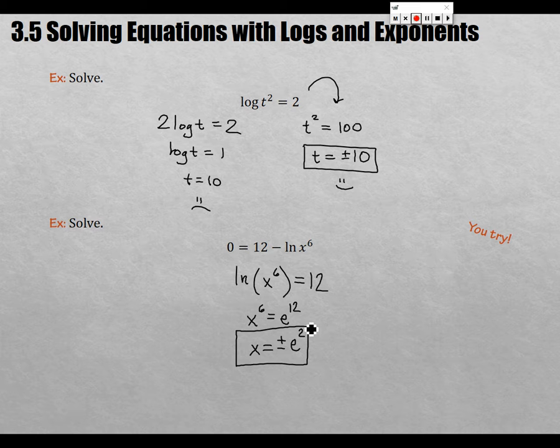Yeah, ln of x to the negative 6 equals negative 12. Then you get 1 over x to the 6 equals 1 over e to the 12, which is the same equation. I see. So that should work too.